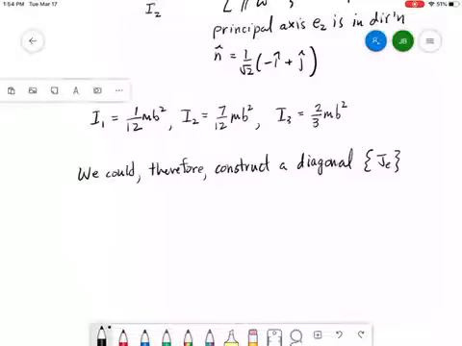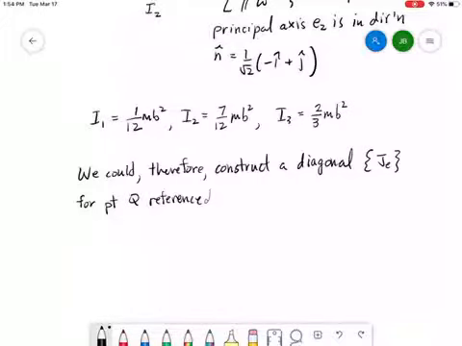So this is J for point Q referenced to the principal axes, E1, E2, and E3.